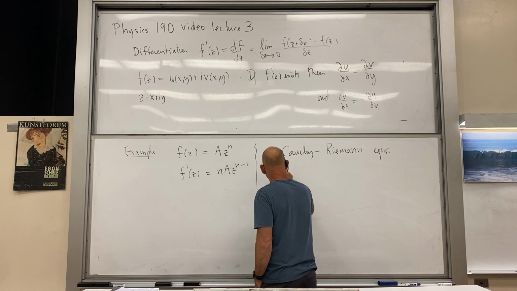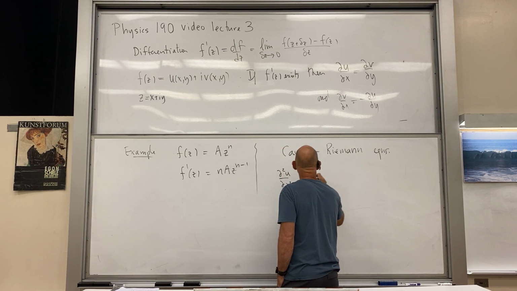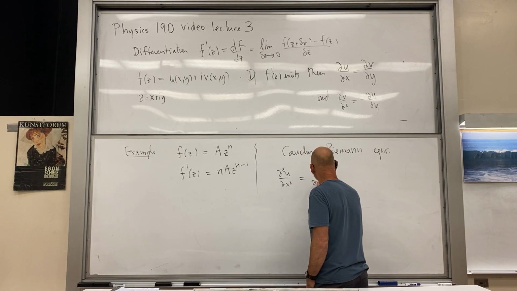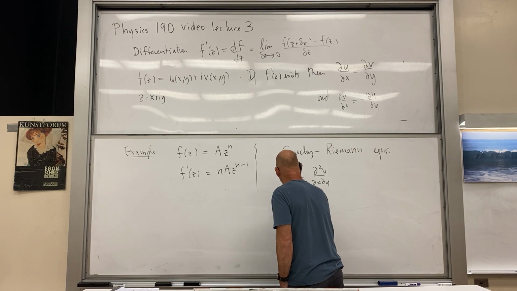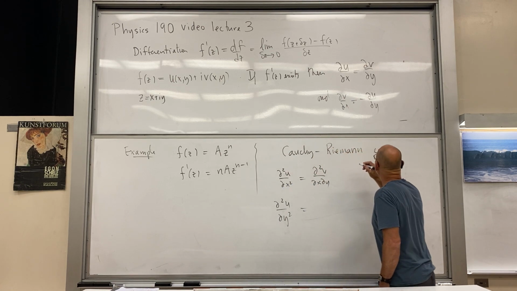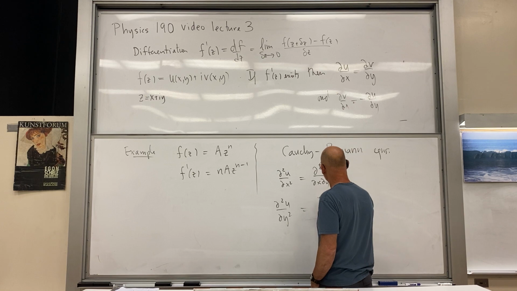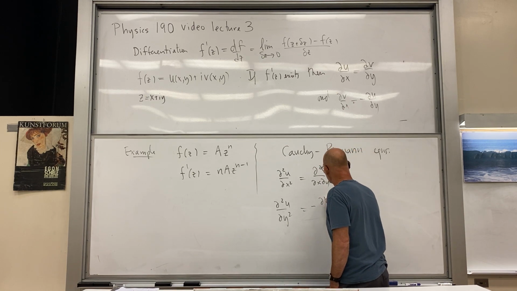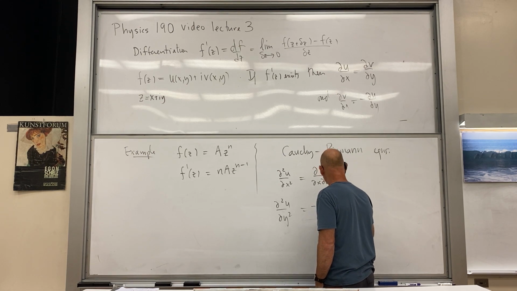So let's do this. d squared u dx squared is the partial derivative with respect to x and y. d squared u dy squared, going to here, is minus, I just bring the minus sign over there, d squared v dy dx.